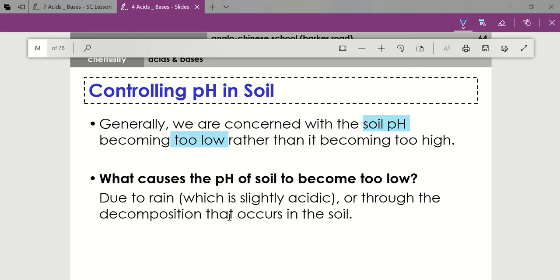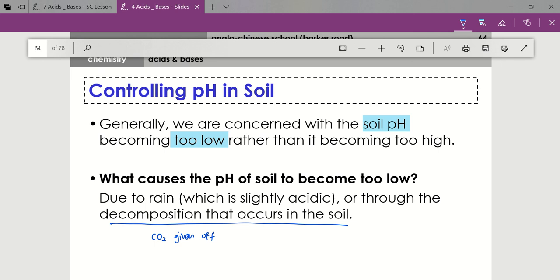Okay, because in Sec 2, when you learn about chapter 19 on scavengers and decomposers, you will learn that when feces or dead organisms are decomposed, carbon dioxide gas is also given off. So in this case, CO2 is given off during decomposition.